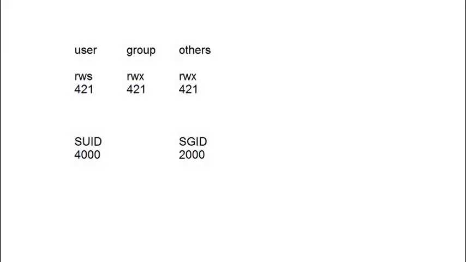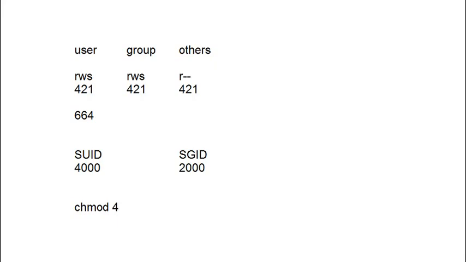To use the numeric method of setting SUID or SGID, we will assign a value of 4,000 to SUID and a value of 2,000 to SGID. In order to set the SUID on a file, we just add 4,000 to whatever the normal permission setting will be. And so we can do like 4477, for example. Make it executable for everybody.